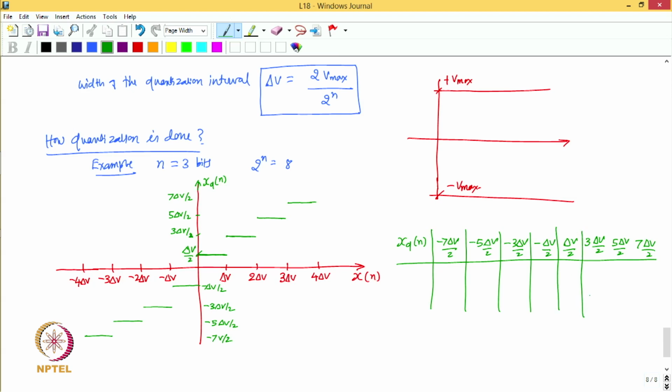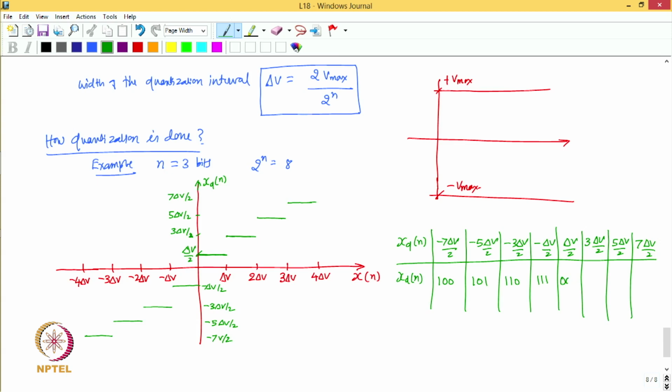Now each level is converted to a binary equivalent, let us call it xdn. So now this is 1 0 0, this is 1 0 1, this is 1 1 0, and this is 1 1 1.